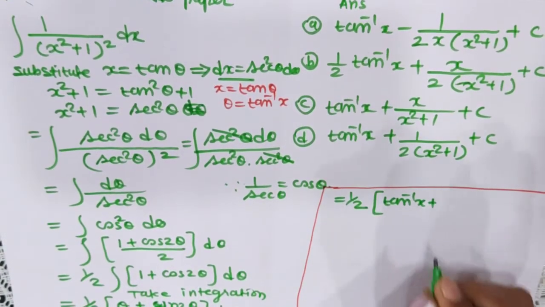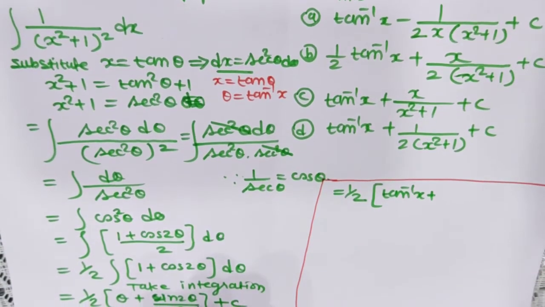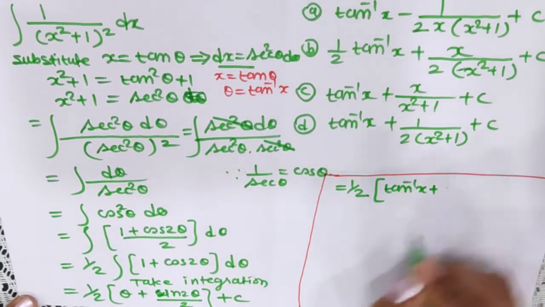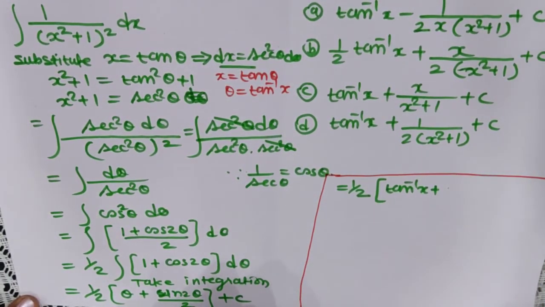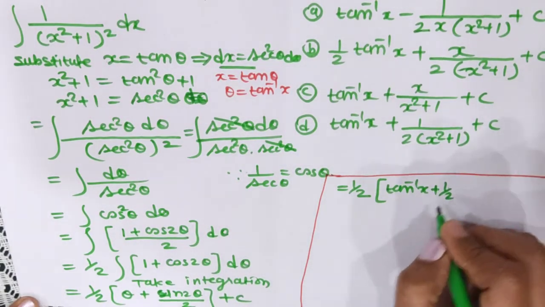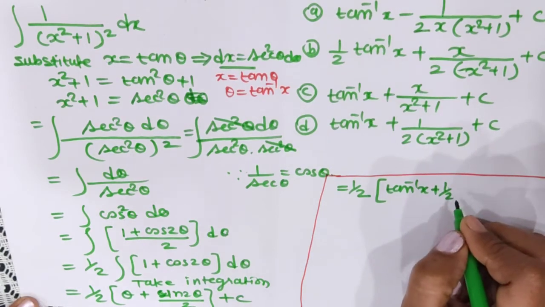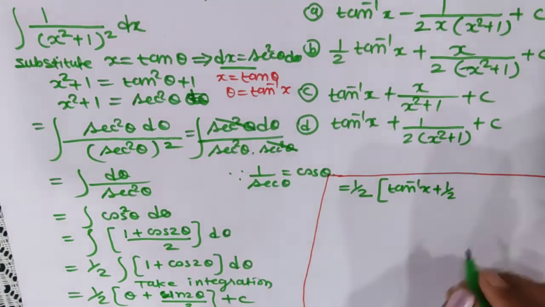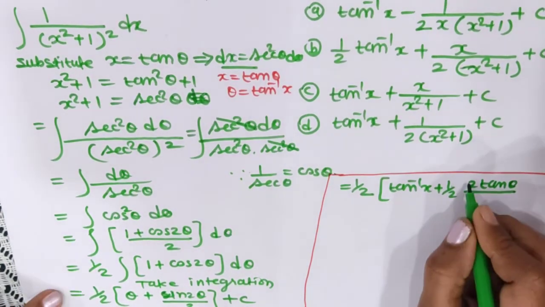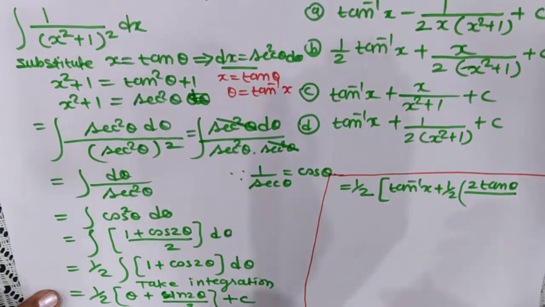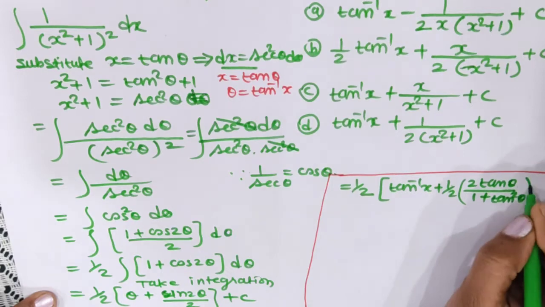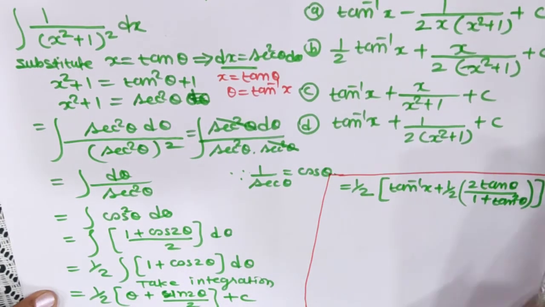Plus, now I want this sin 2 theta in terms of tan theta. There is one formula. Take the 1 by 2 outside. What is remaining? Sin 2 theta. The formula for sin 2 theta in terms of tan theta is 2 tan theta upon 1 plus tan square theta, plus integrating constant.